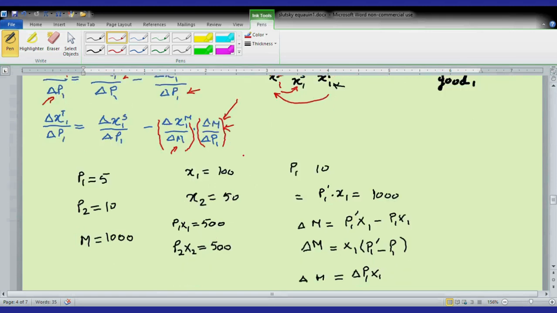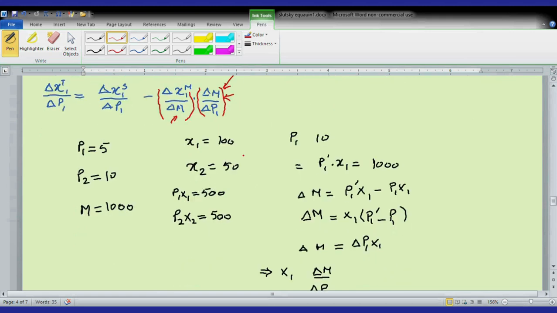To understand these terms, we'll be using this numerical example where these are the initial prices and income of the individual, and with these prices and income, the individual is consuming 100 units of good 1 and 50 units of good 2.